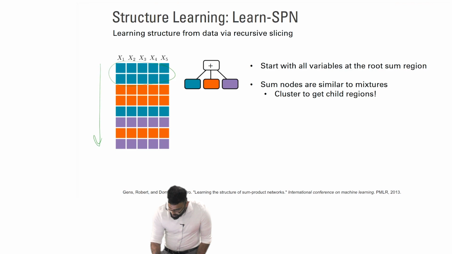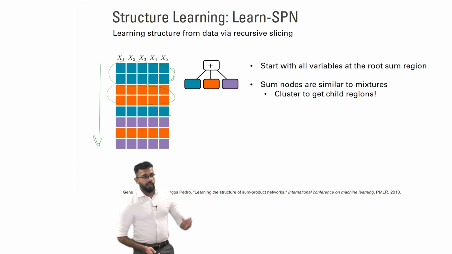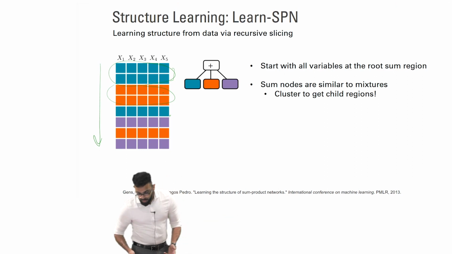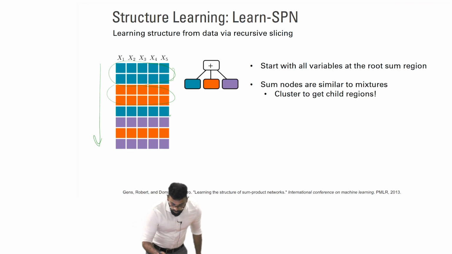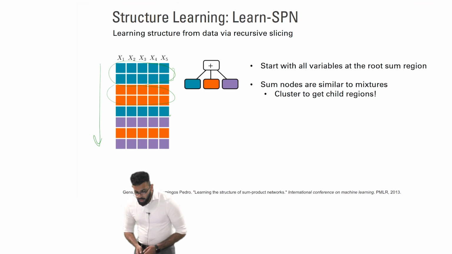So you group instances based on some sort of similarity measure, and let's say you group them into 3 components, where you have the first one corresponding to these entries, the second one corresponding to the orange entries, and things like that, right? So this is similar to what you would do in clustering or k-means, right? And one easy way to get the weights here would be the number of data points that belong to each cluster, the relative fraction. So this is again heuristics based, right? Since sum nodes are similar to mixtures, you can cluster them to get child regions.